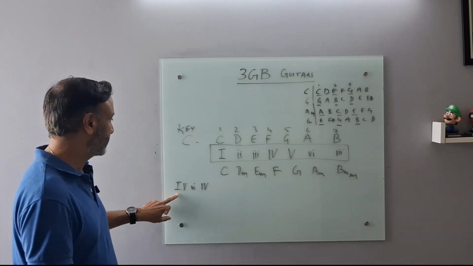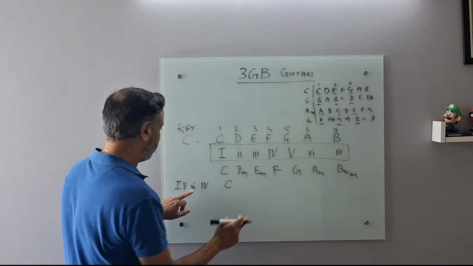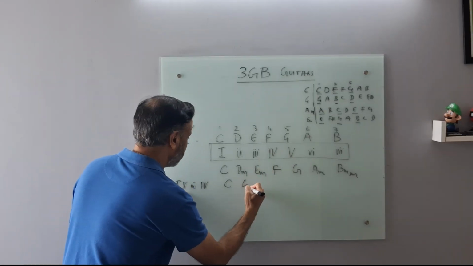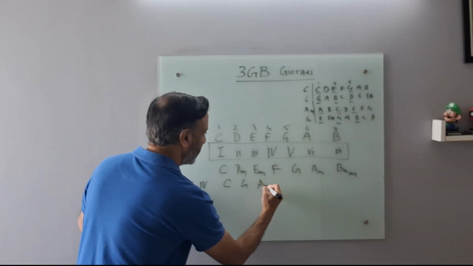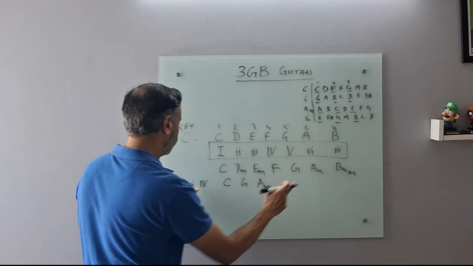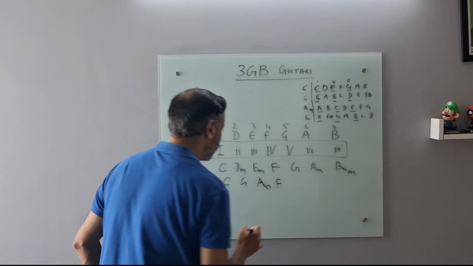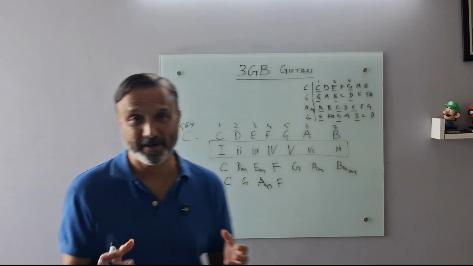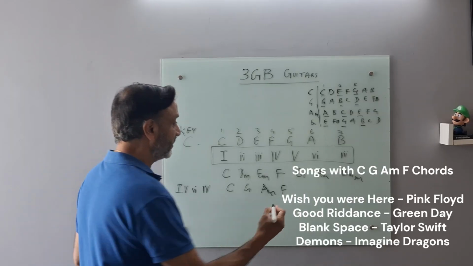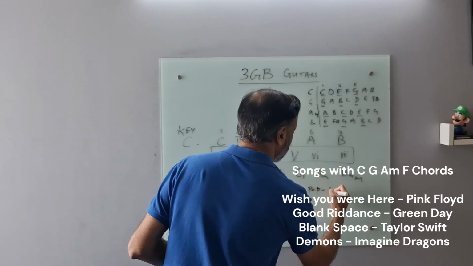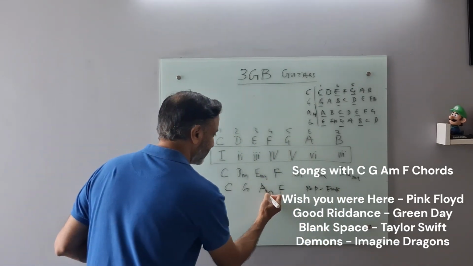What this essentially means is I'm going to take C, 1, then 5, which is G, 6, which is A minor, and 4, which is F. So C, G, A minor, F. These chords are a very popular progression used in pop and funk. You can see a whole bunch of songs written in C, G, A minor, F.